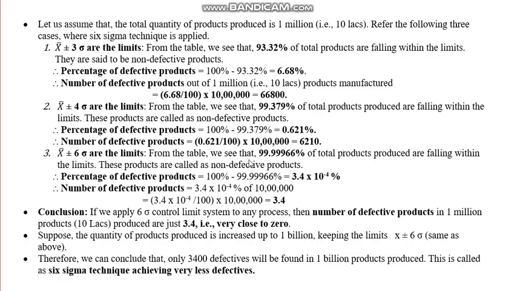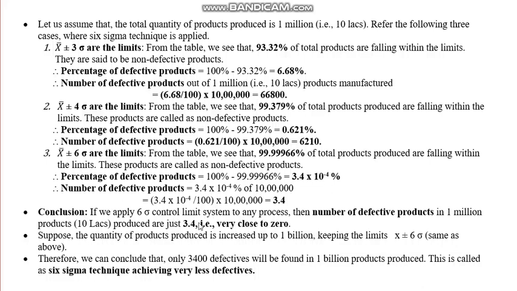Whereas in 6 sigma, the acceptable range is 99.99966%, and the defective percentage is 3.4 into 10 to the power minus 4 percent, which works out to 3.4 defective pieces in 10 lakhs.